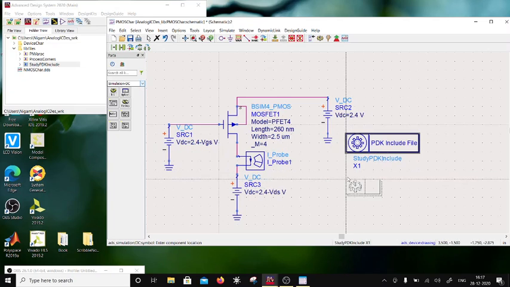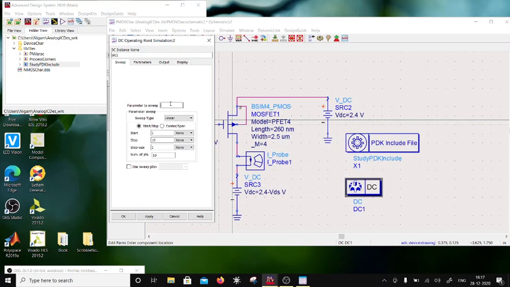So that's the DC here, and here I'm going to sweep VDS from 0 to 2.4 volts in steps of 0.1, or 0.01 maybe, or maybe 0.001. That's okay.